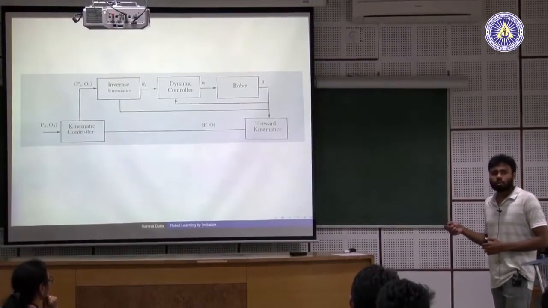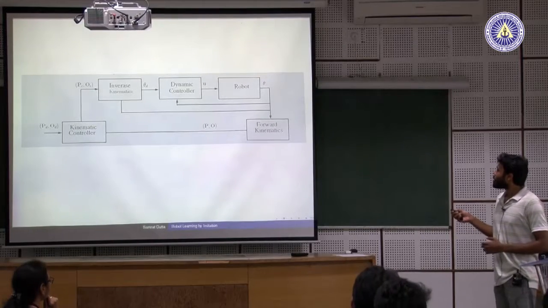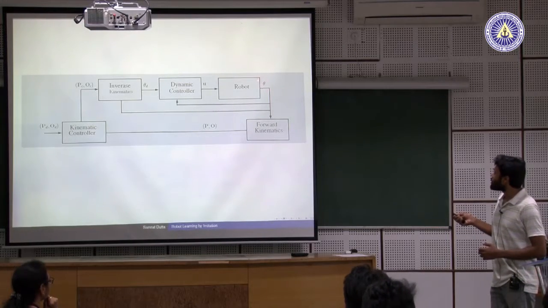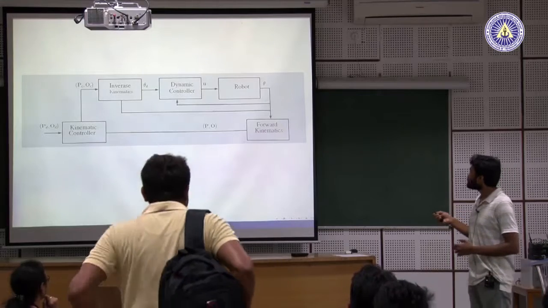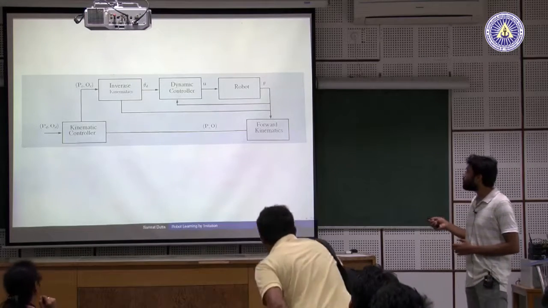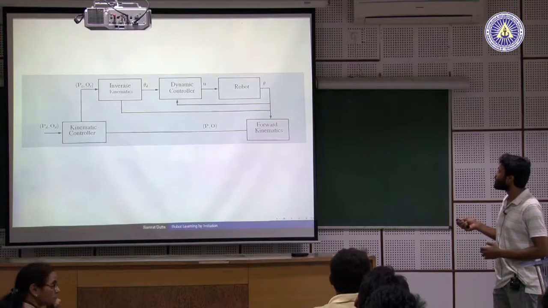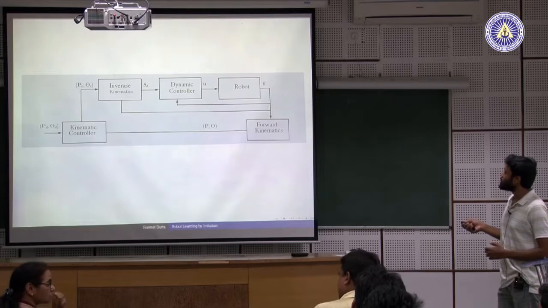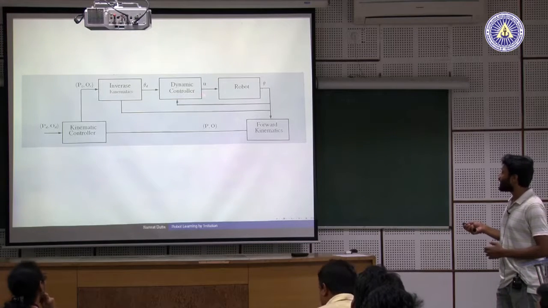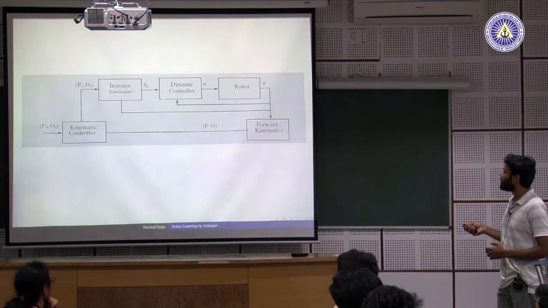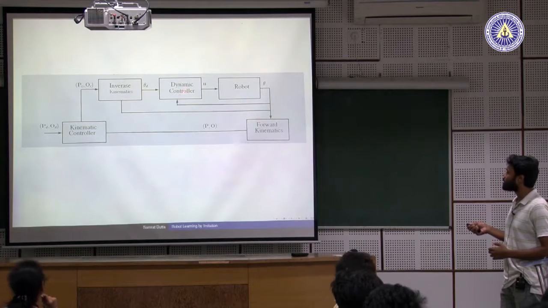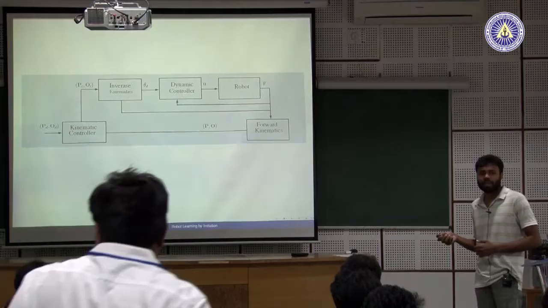Similarly the robot also works that way, but the robot motion is actually controlled in the joint space. And this joint movement is controlled by a control torque, that is u, which is calculated using a dynamic controller, which involves the robot's dynamics.